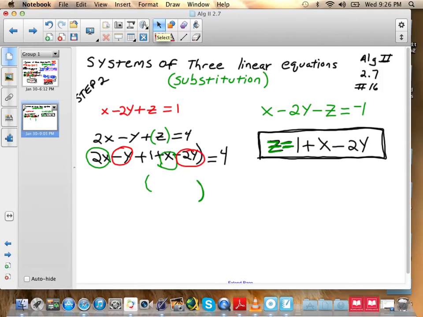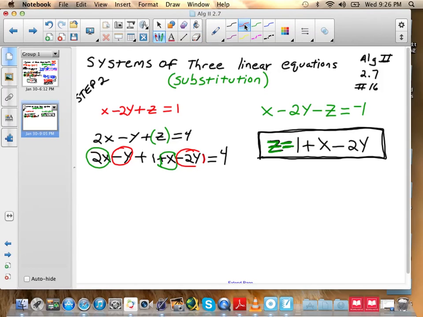Sorry. Let me put that back. So I've got my like terms now, and they're all paired up, ready to roll.